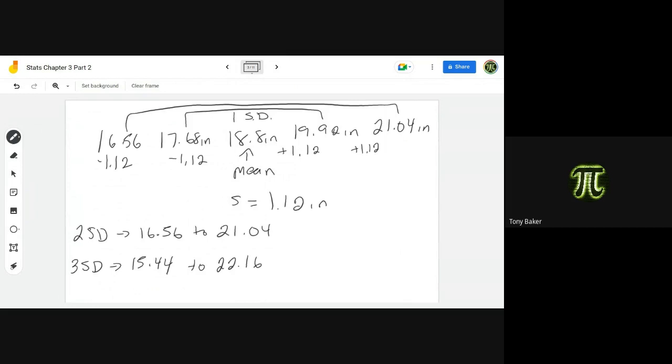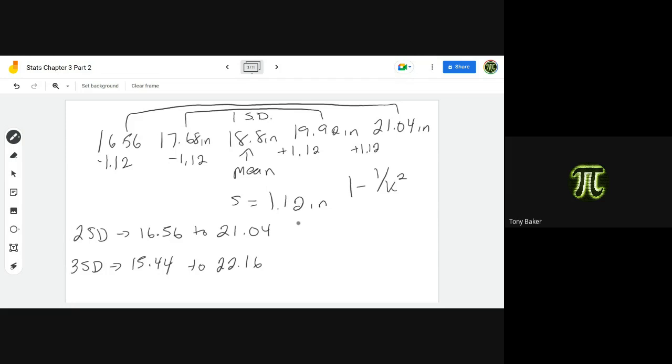Now, Chebyshev's rule states that the percent that's between those values is 1 minus 1 over k squared. This only works for more than 1 standard deviation because for 1, it becomes 0. So if I plug in 2, what's 2 squared? 4. So what's 1 minus 1/4? It's a whole minus a quarter. Yeah, 3/4 or 75%.